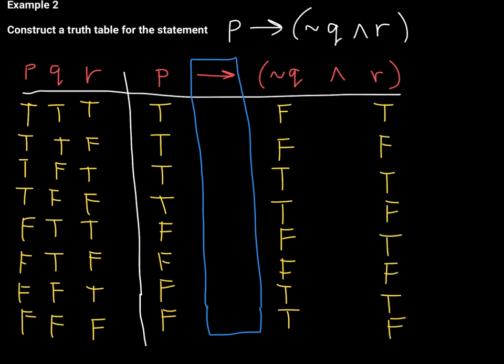Now let's fill in this conjunction together. Remember that a conjunction like this is like the word and. It's not a conditional statement, excuse me. This conjunction is only true when this statement here is true and this statement here is true. So false, true, that's going to be false. Next one, we have false, false, so that's false.